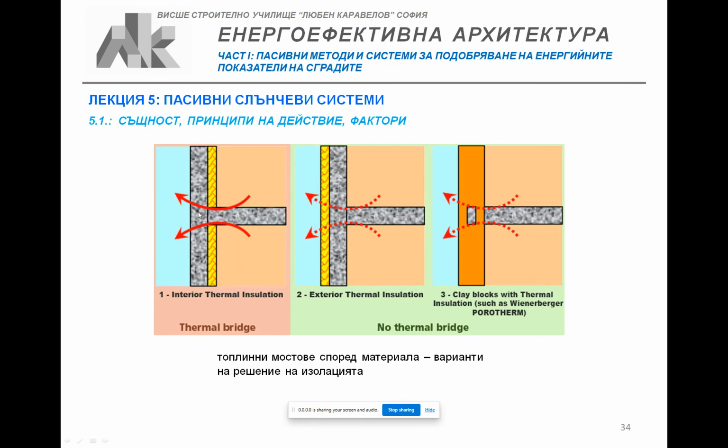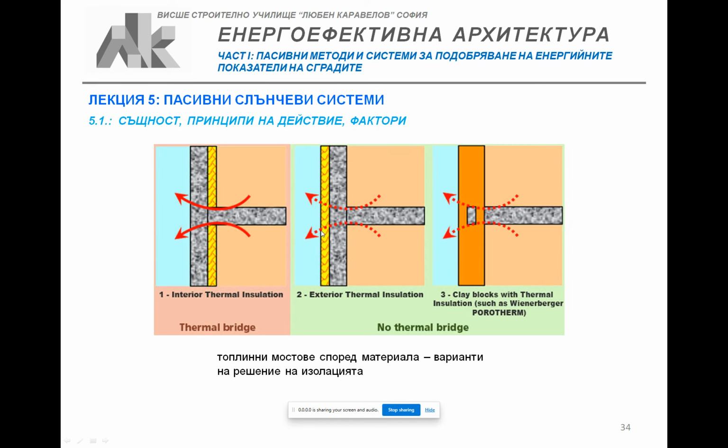So thermal bridges need additional care, some additional measures to prevent the heat loss, and the inner insulation is not that good decision because still the heat loss is going at its full extent.